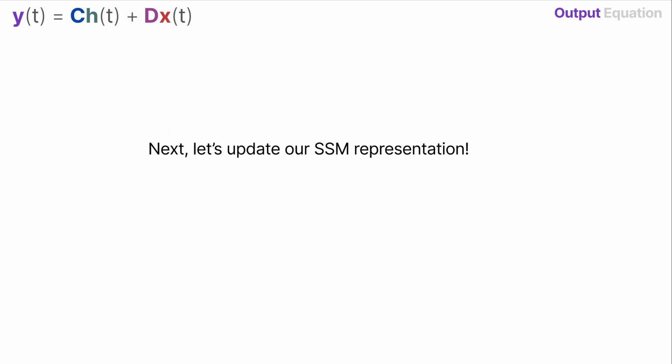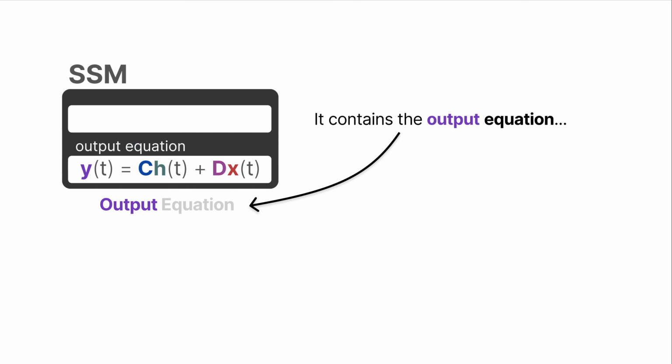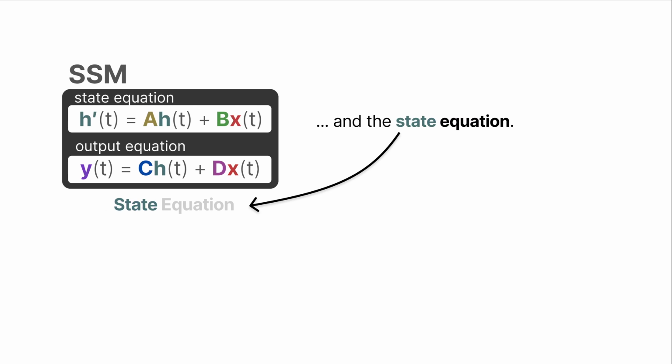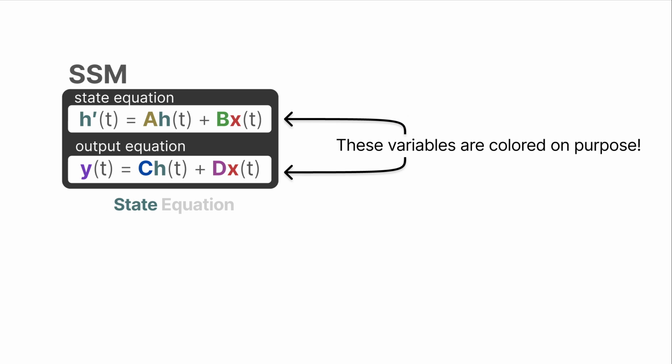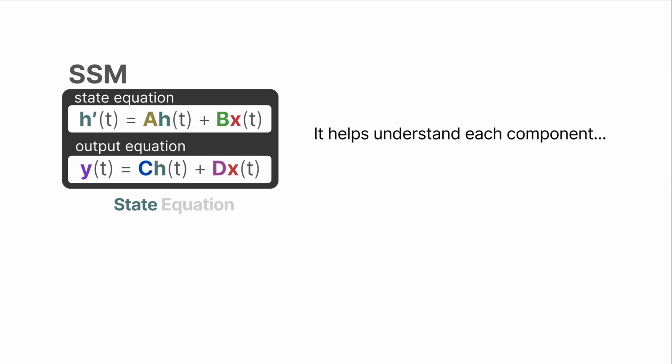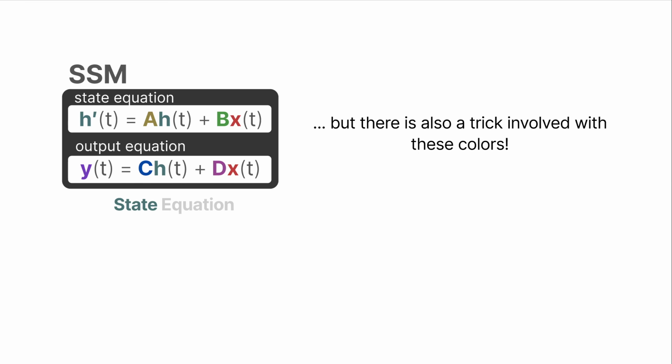Next, let's update our SSM representation. It contains the output equation and the state equation. These variables are colored on purpose. It helps understand each component, but there's also a trick involved with these colors.